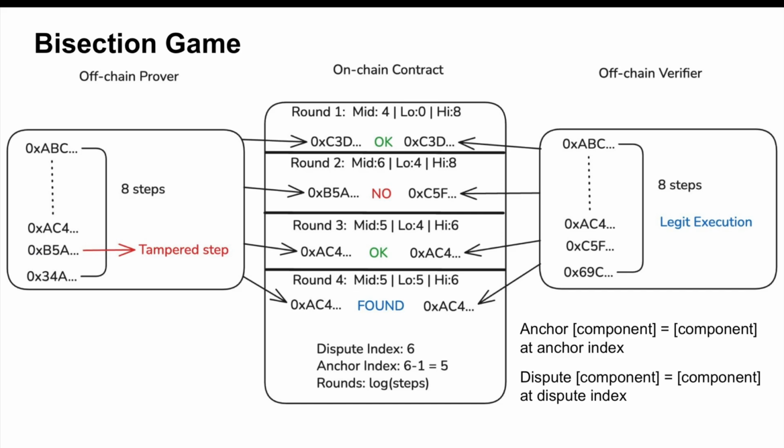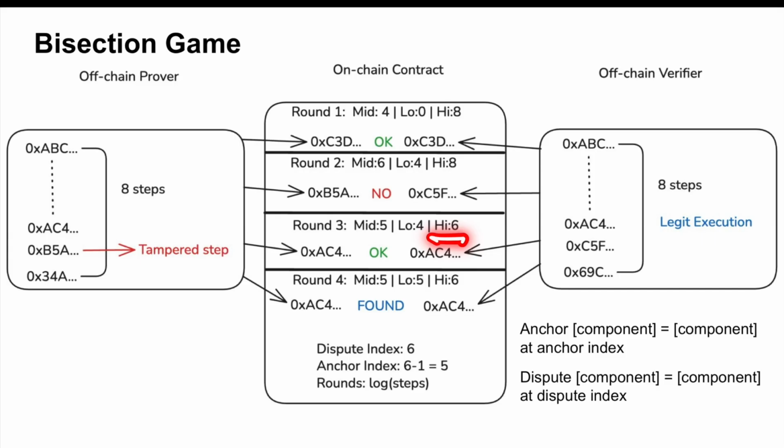We set low 4, high 8, and we check the mid again. We see step 8 is not good, they are not the same, so we know it happened before or at index 6. So we go back to the left side.